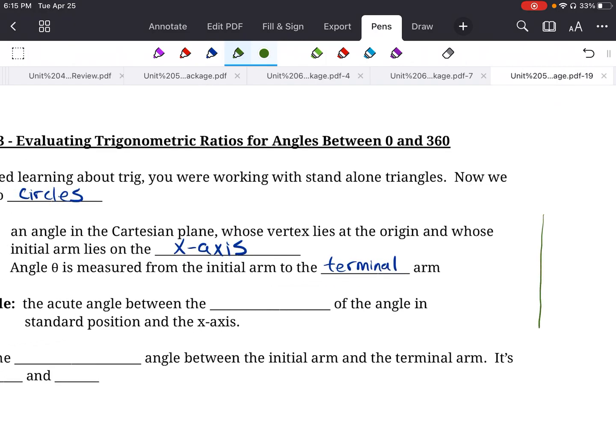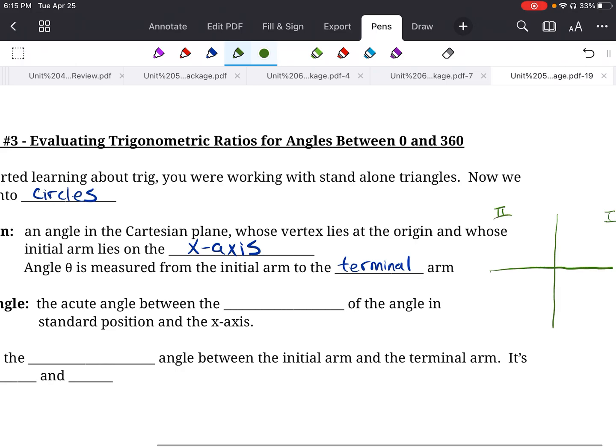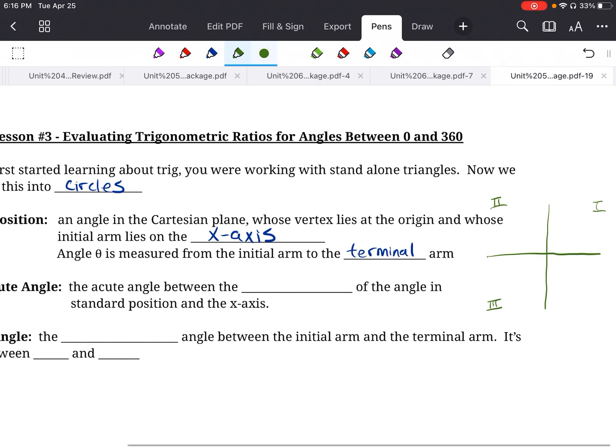So the Cartesian plane has all 4 quadrants. We have quadrant 1, 2, 3, and quadrant 4. And 0 degrees, 90 degrees, 180, 270, and then the 0 degree is also 360 degrees all the way around.